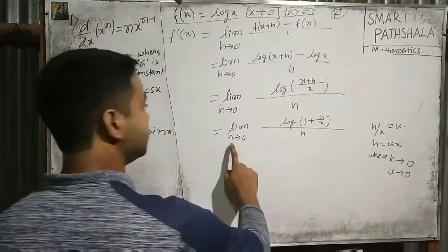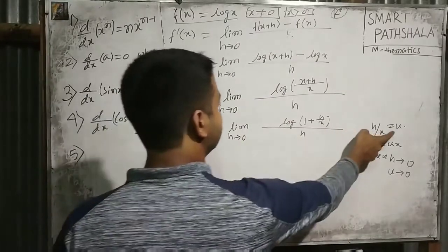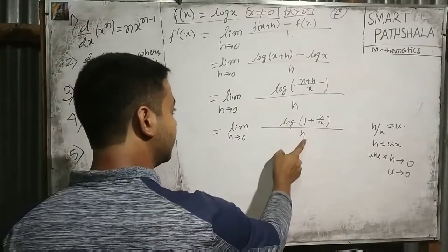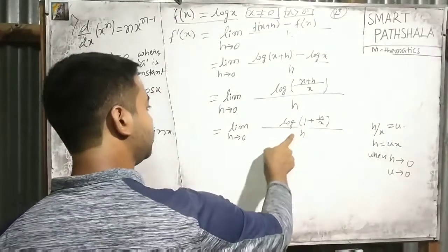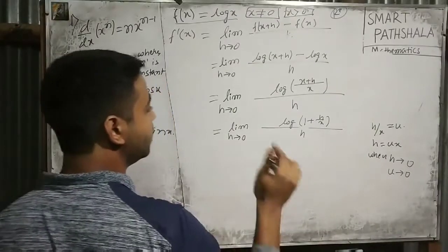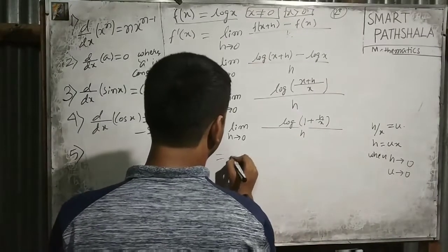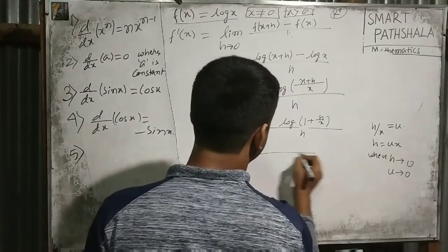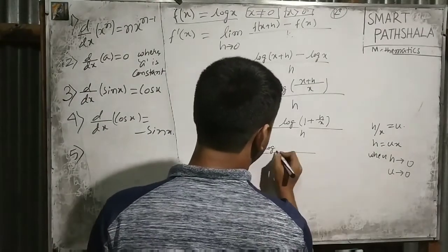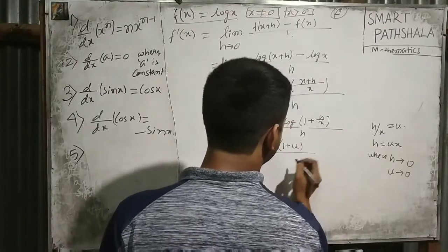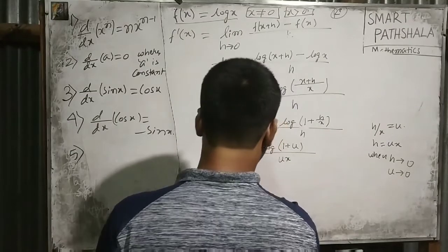Now substitute h by x as u, and h as ux, because here it will be the variable u. Limit of u tending towards 0 of log of 1 plus u, and h will be u into x.